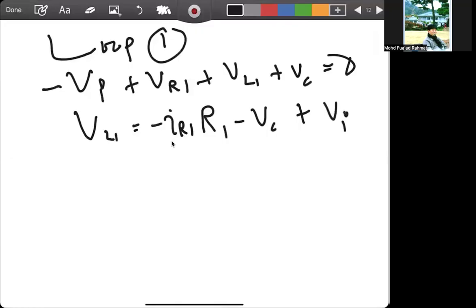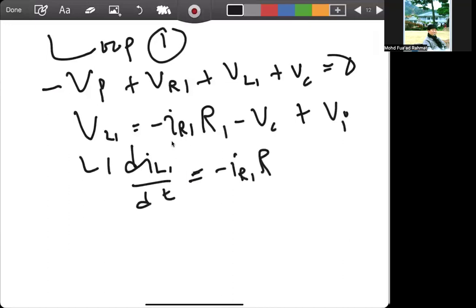Okay, so this one is L1 dIL1/dt is equal to minus IR1 R1 minus VC plus VI, and IL1 is equal to IR1.